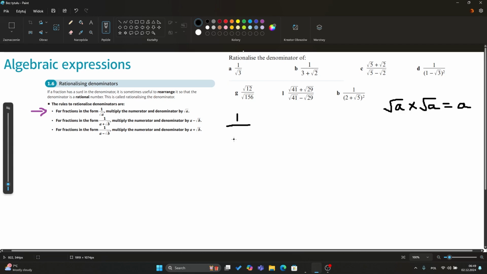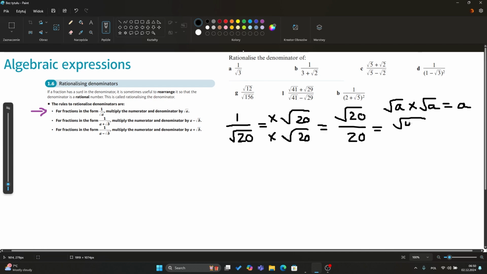The same goes with the other fractions. So if we have 20 here, then you multiply by root 20 on the top and the bottom to get root 20 over 20. Then you can simplify it if you want to get 2 root 5 over 20, and root 5 over 10.